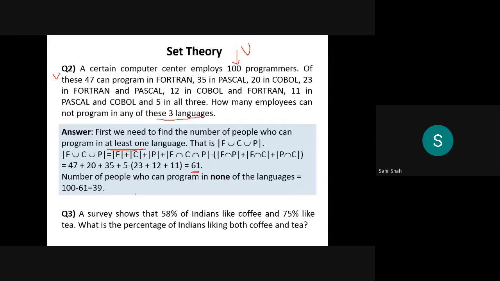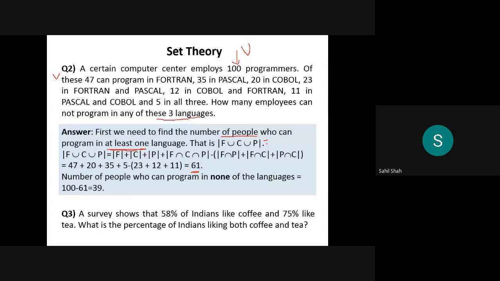I want the number of people who can program in none of the programming languages. That means I want the complement of F union C union P, the whole bar. I am interested in this one. So how can we compute it?